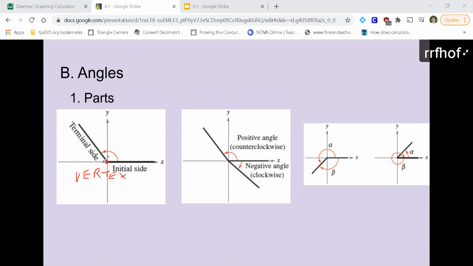This is an example of an angle that's in standard position. Vertex at the origin, 0, 0, and the initial side, or one of the arms, along the positive x-axis.